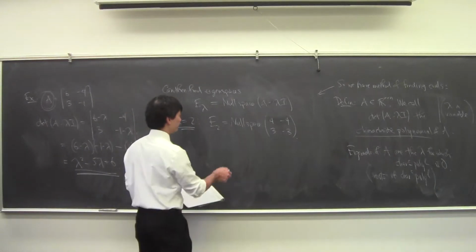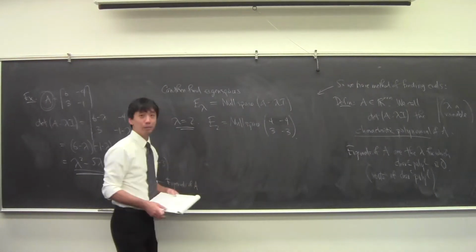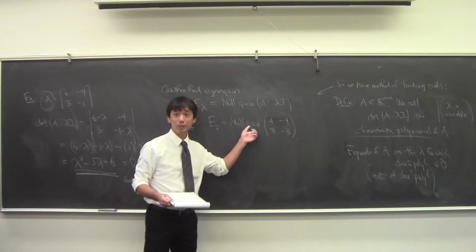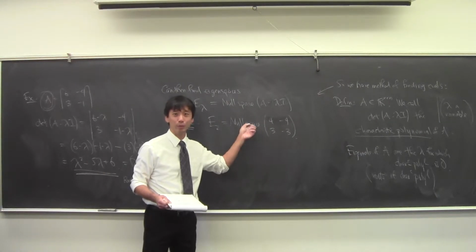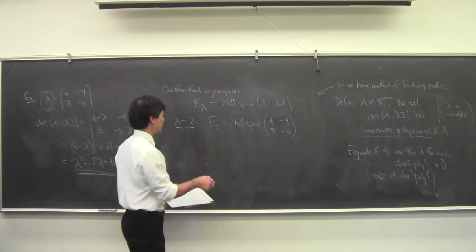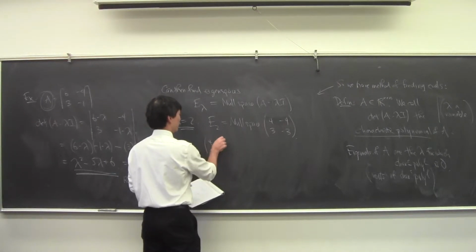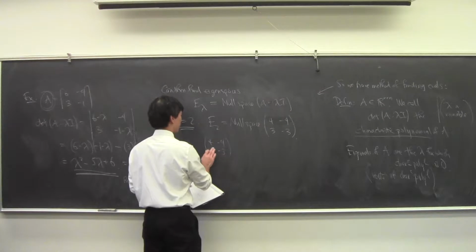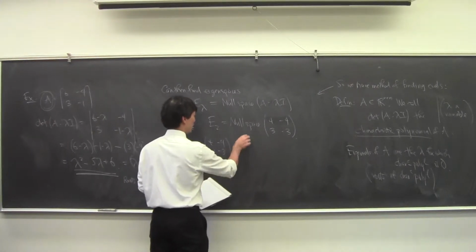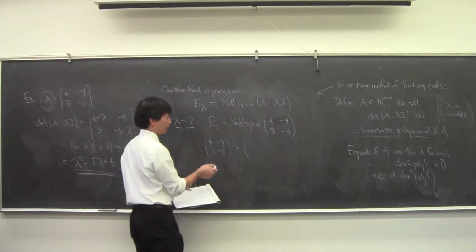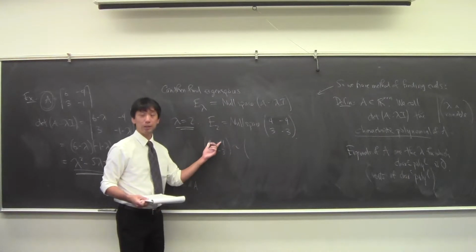Right? Well, now you have to remember how to find the null space. We've been doing this all term over and over, finding null spaces. So you say, okay, I've got this matrix here, 4, -4, 3, -3. I'm going to do Gaussian reduction on it. You see what's going to happen, right? This guy's going to become 1, -1, and the second row will vanish, right?